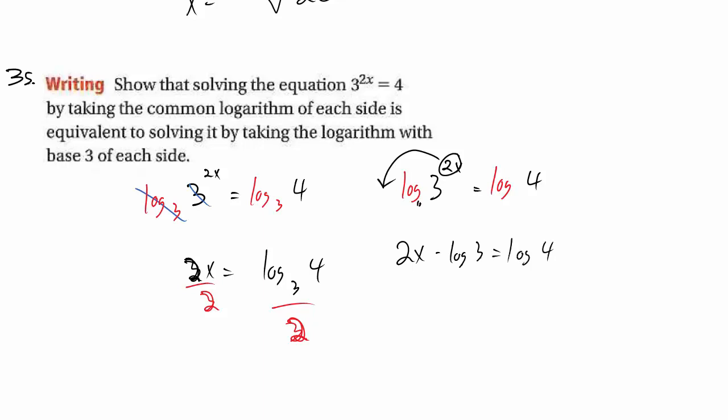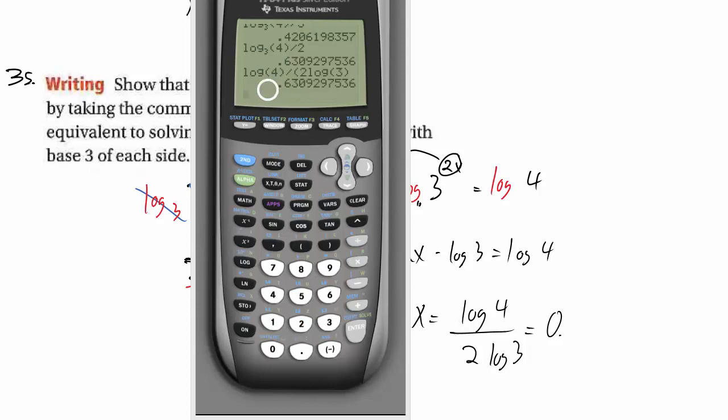We do x is equal to log of 4 divided by the 2 and the log of 3, which is going to be the exact same thing. Since log 4 over log 3 is log base 3 of 4, this will also, if you enter it in your calculator, come out to the same value of 0.631 if you round.